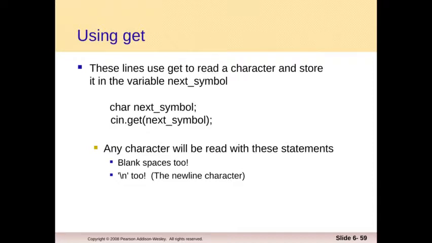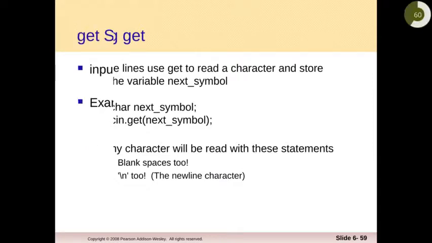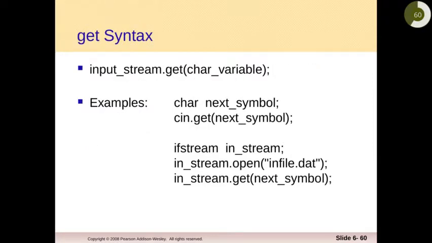You get blank spaces, you get new lines, everything is read. You can do that like we just did on the previous slide, or with file streams like this one, that you connected to an external file called infile.dat, and then you can get characters from that stream.